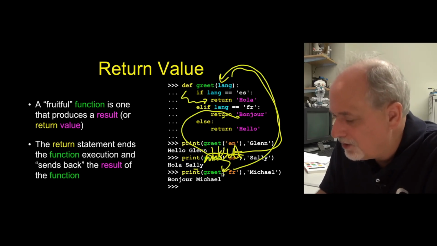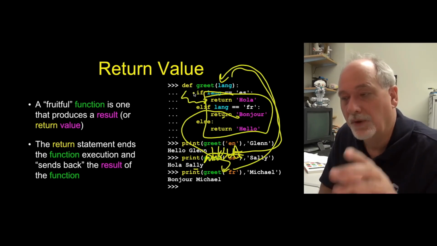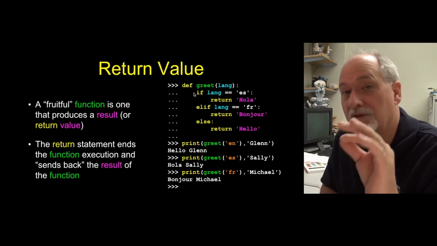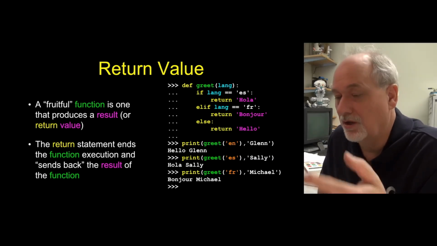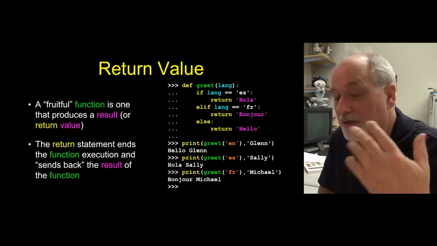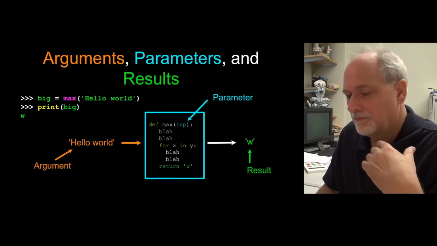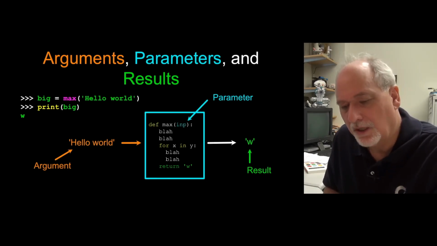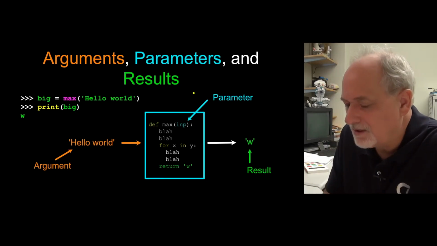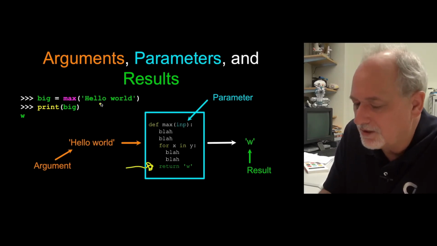So you see how we can control, as we're writing the application, as we're writing the function, what residual value we want to see in whatever expression is calling us. Sometimes we have returns and sometimes we don't have returns. So if you think of the max code that we talked about before, we can kind of see that somewhere inside that max code there's a return, and that's how it communicates the w back to us.